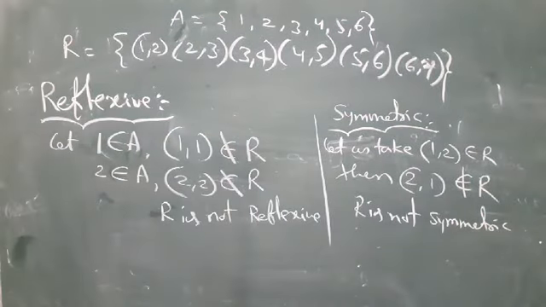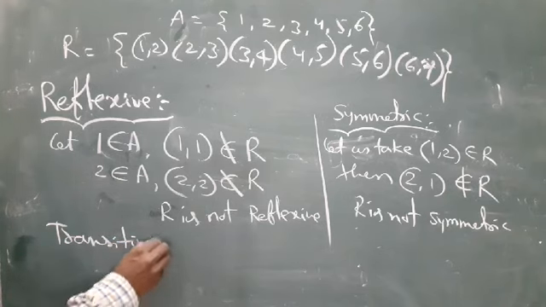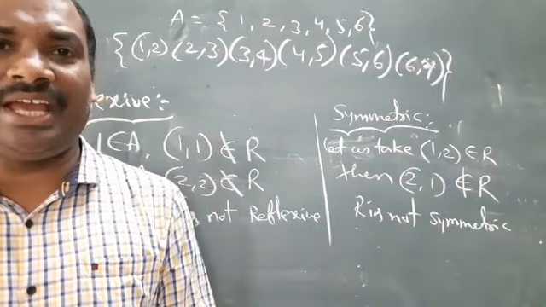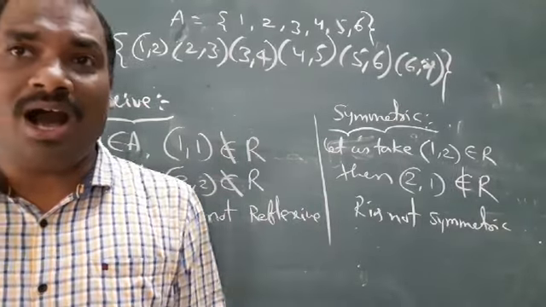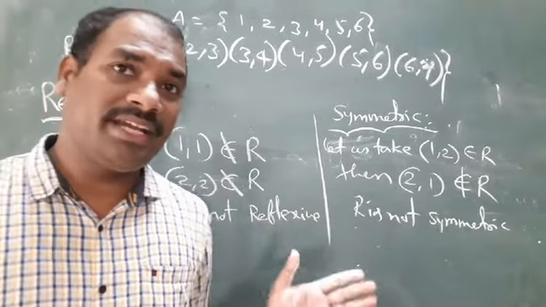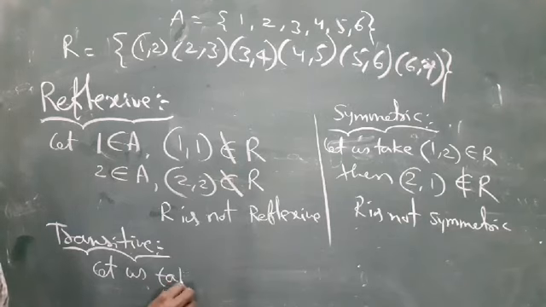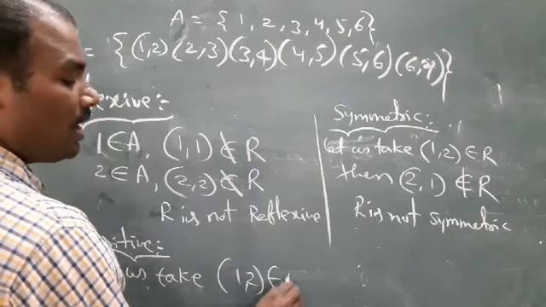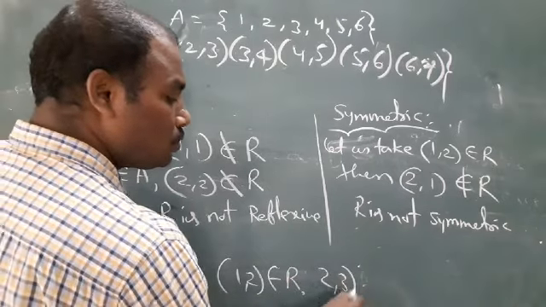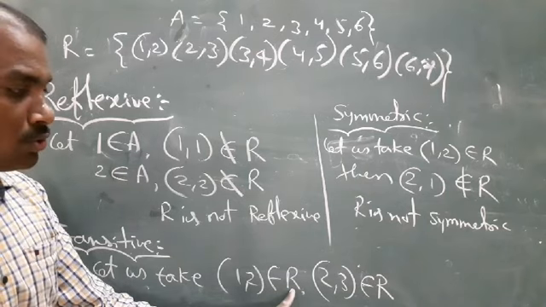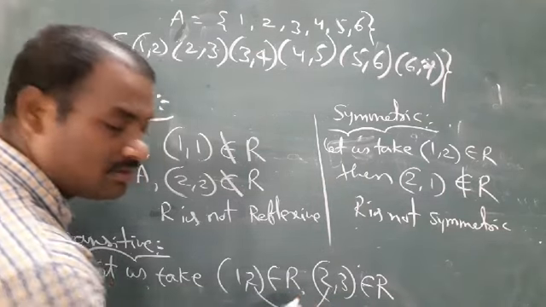Yes. Now we will check transitive. What is the transitive definition? For every a, b, c belonging to A, if the ordered pair (a, b) belongs to R and (b, c) belongs to R, then we have to prove (a, c) belongs to R. Let us take (1,2) belonging to R and (2,3) belonging to R. These are right.